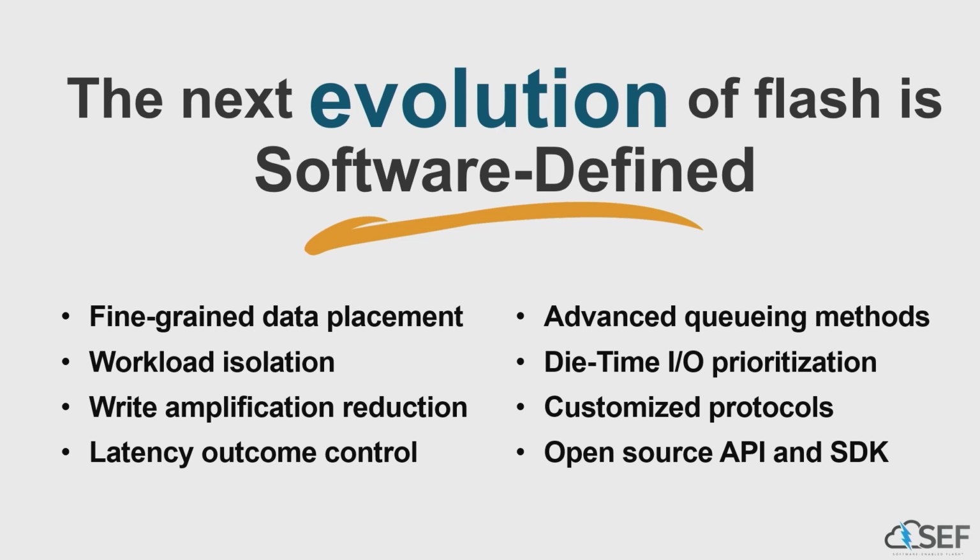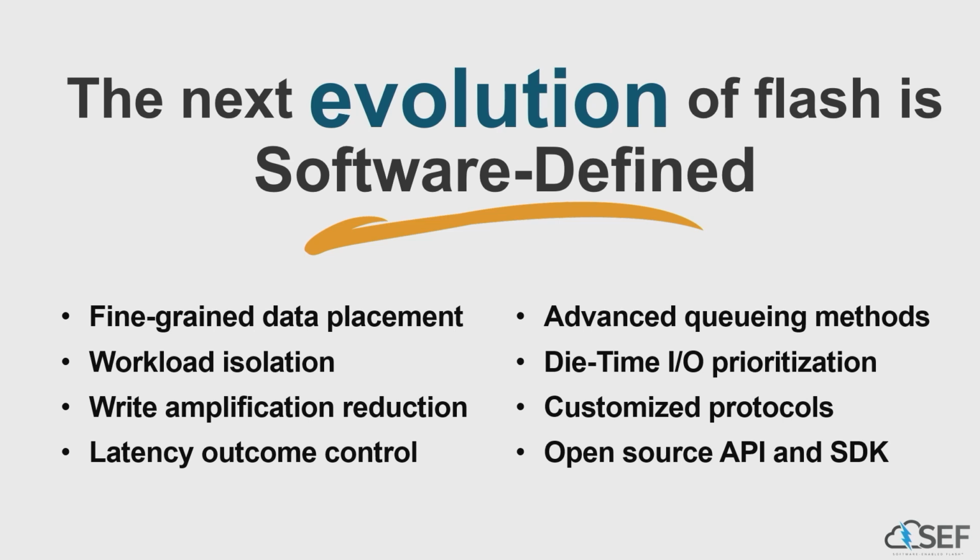The big one everybody's talking about these days, of course, is how do I reduce write amplification? And the big one, especially so many years ago, was I need to be in tight control of my latencies. I need to deliver quality of service to my customers, and I need to be able to define how latencies work.